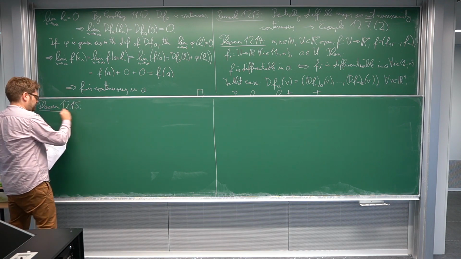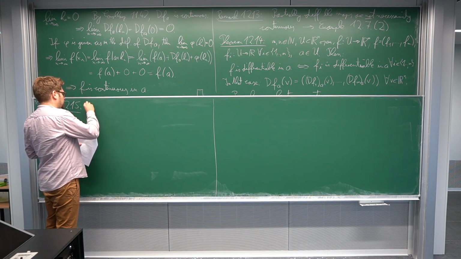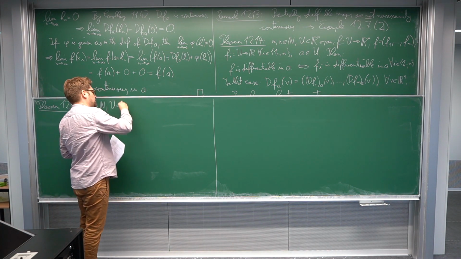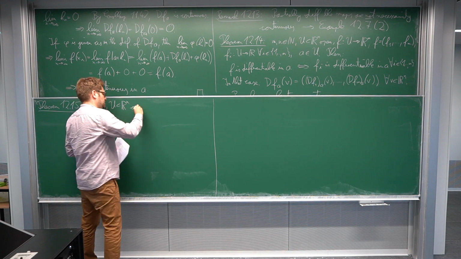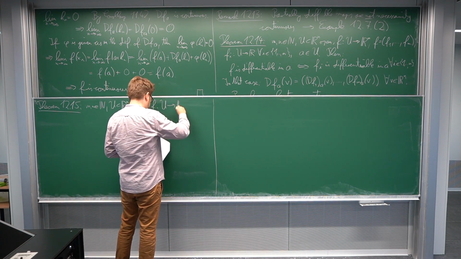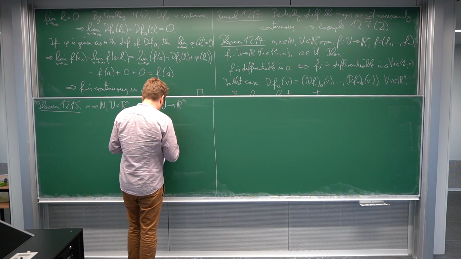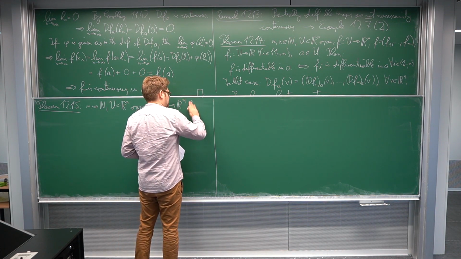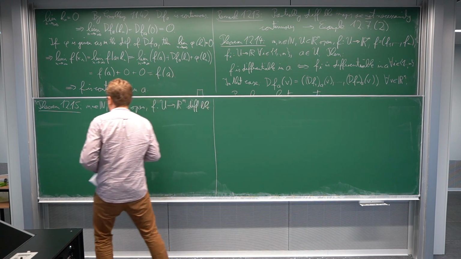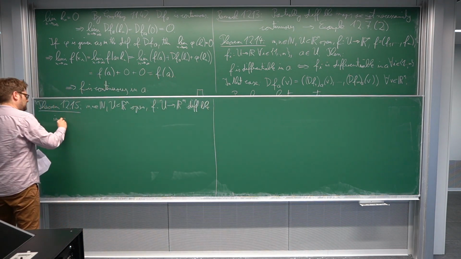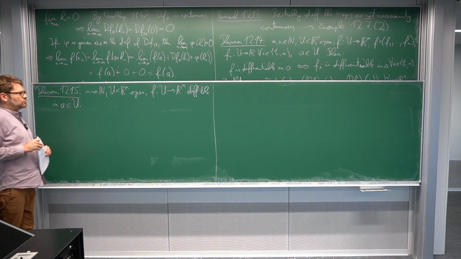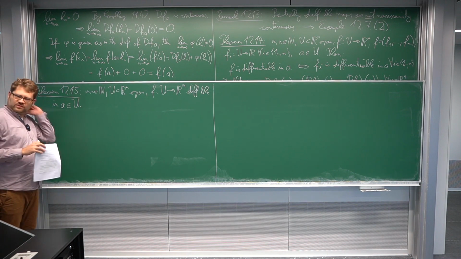Theorem 12.15. So, same setting, m and n, U in R^n an open subset, and f from U to R^m. And this shall be differentiable in a certain point a in U. So what happens if it's differentiable? What about directional and partial derivatives?